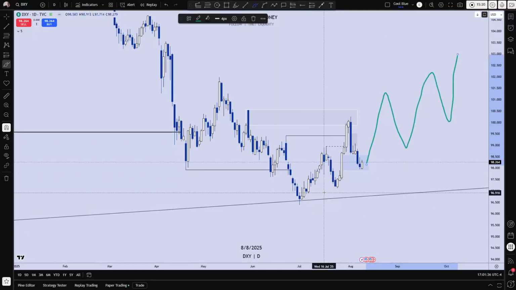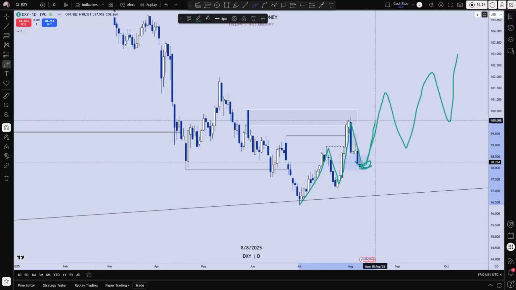We need two higher highs and two higher lows for a trend, right? This needs to be a higher low. And the only way you're going to know it becomes a higher low is if it makes a higher high. So we're going to see.